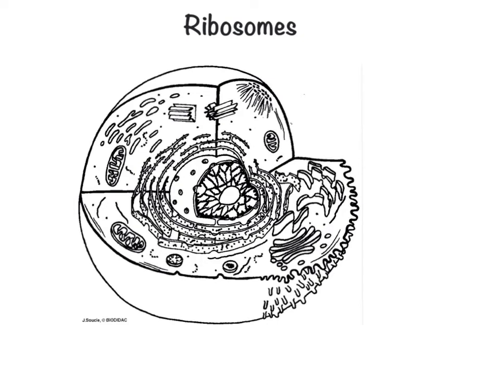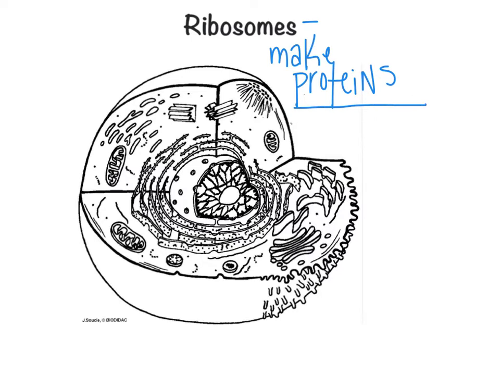Ribosomes. We've already mentioned these a couple of times in this video, but just to reiterate, their function is to make protein. So ribosomes make proteins. We're not going to be coloring these in, that would be too tricky, but we can find them in two places.